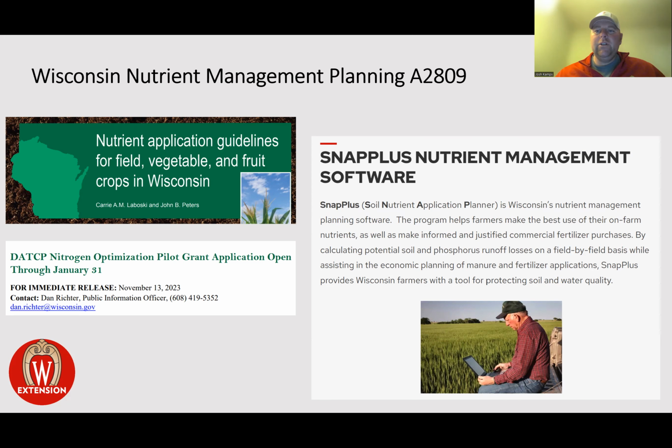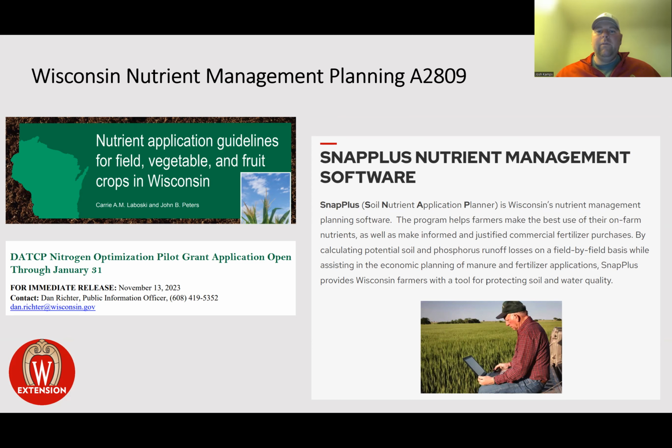I would encourage you to ask your retailers or other agronomists who are helping you make those decisions if they're using guidance from A2809. That really is the standard for profitable crop production in the state of Wisconsin, and that same data set is built into the SnapPlus program.